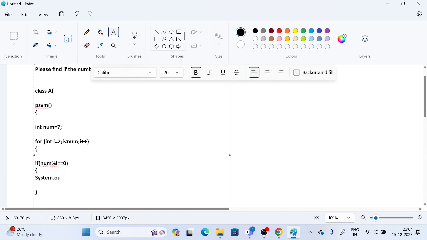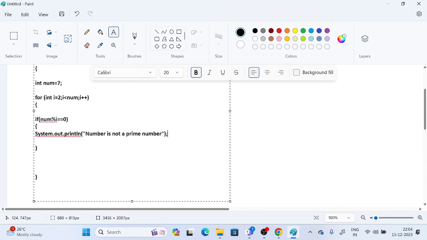System dot out dot println: number is not a prime number. Inside this for loop, I am using the break statement.